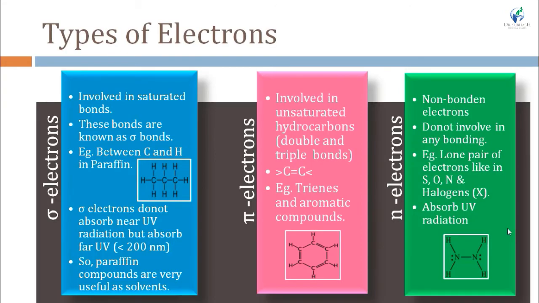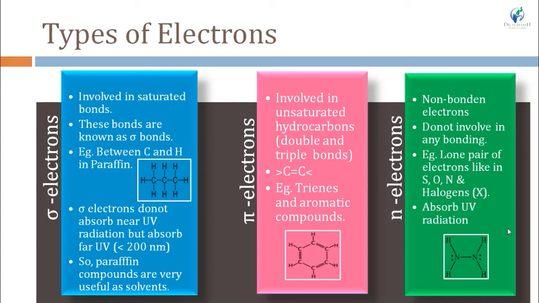Now, types of electrons in an organic molecule. Majorly there are 3 types which play an important role in UV absorption spectroscopy. These electrons are sigma electrons, pi electrons and non-bonding electrons.